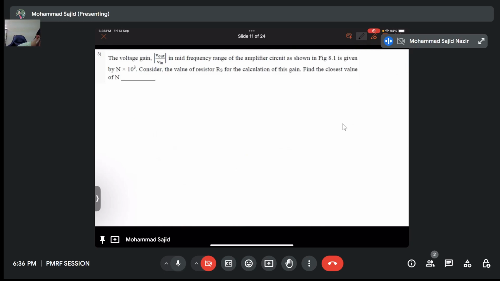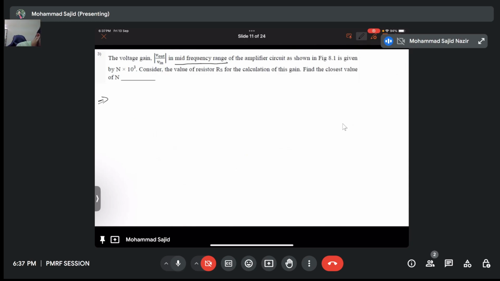Okay, let's move on. We know mid-frequency range is the range in which we simply calculate the gain by shorting the input resistance and creating output load capacitances as open.